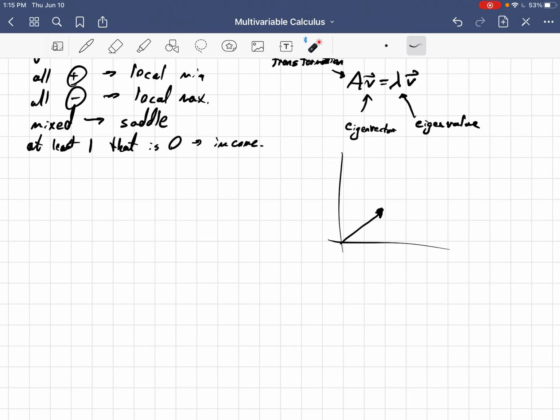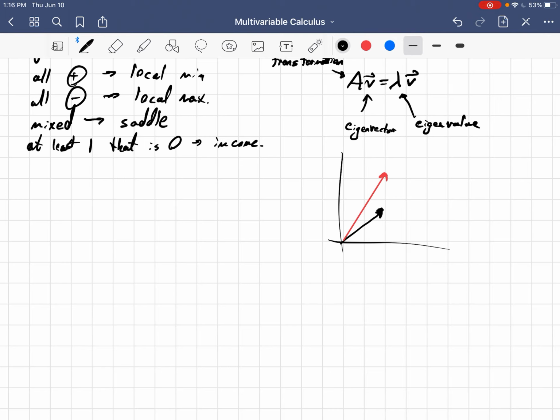The linear transformation keeps grid lines parallel and evenly spaced, and the origin stays fixed, but it takes the vector to another vector, right? After we apply the linear transformation, the vector might go up to, say, there. It doesn't really matter where.